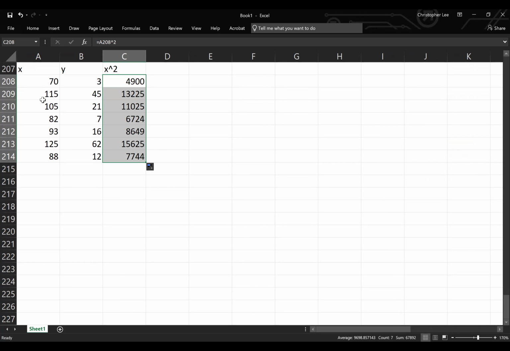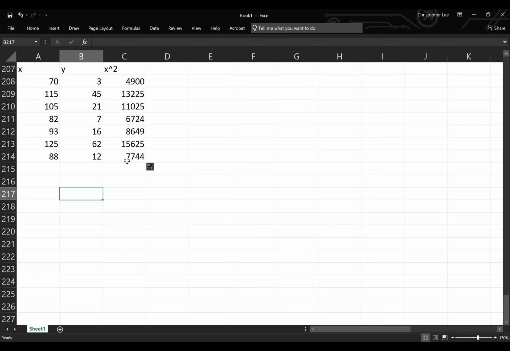So that squares all of these x values here. But understand where these numbers are coming from. 13,225 is 115 times 115. 11,025 is 105 to the second power. That's where I get all these numbers from.